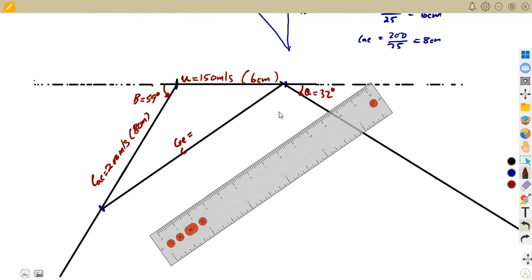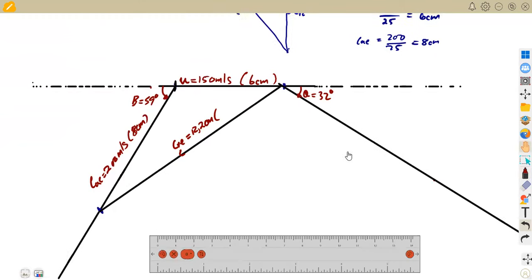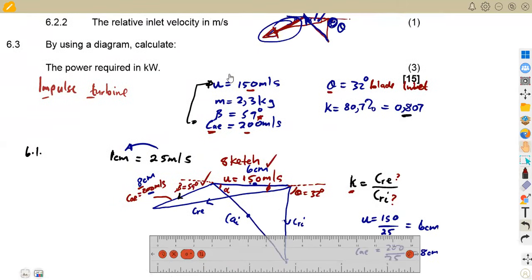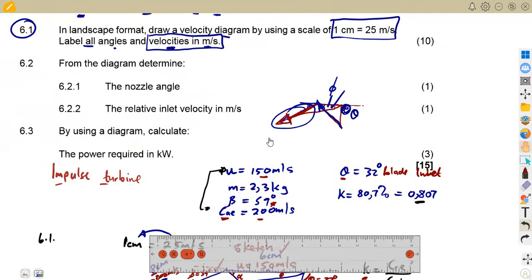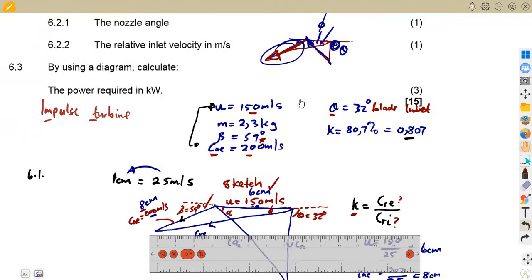But the actual value that we are supposed to obtain here is 12,2 centimeters, which is equivalent to what in meters per second, because our values are supposed to be in meters per second as per the given instruction. So we are going to convert now using which part?